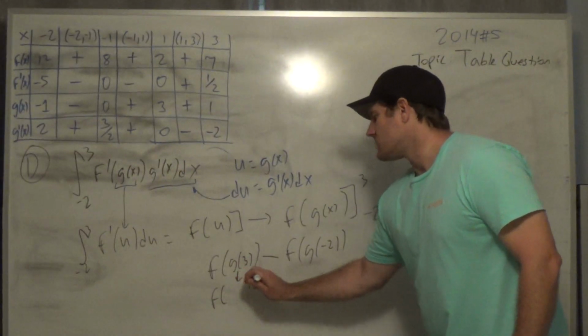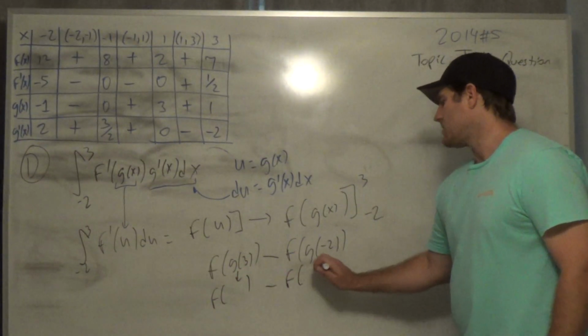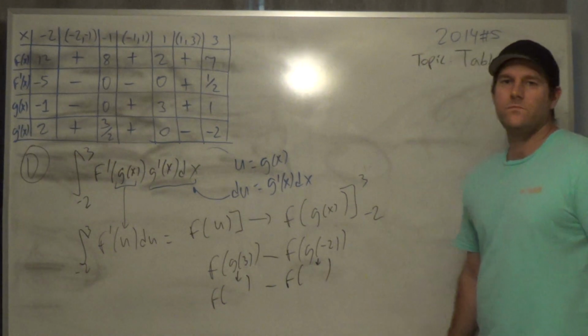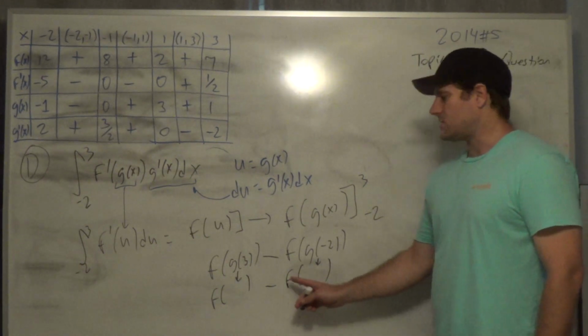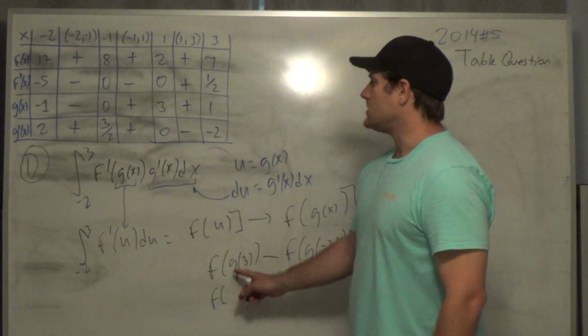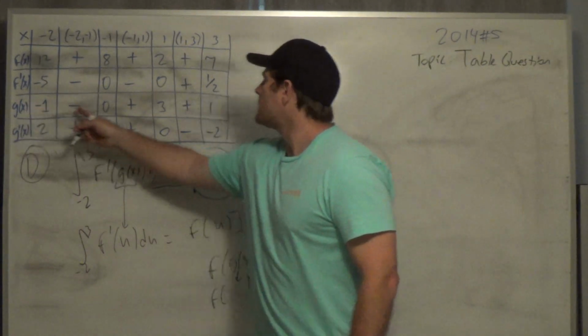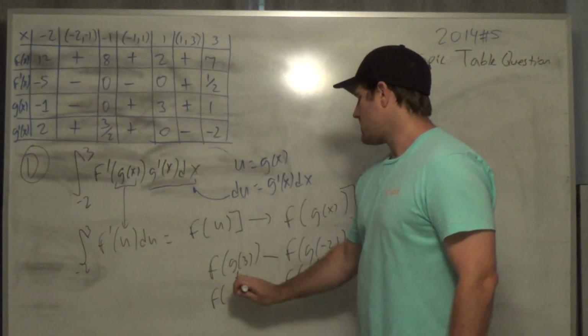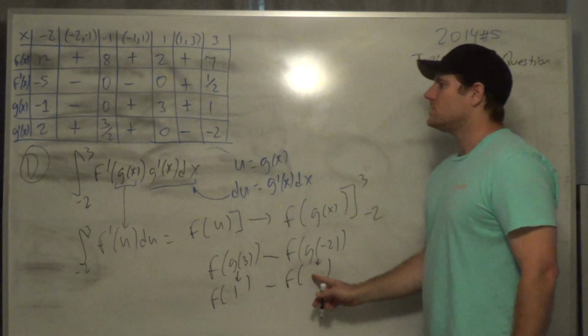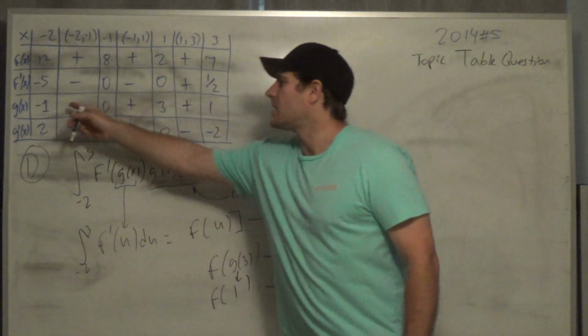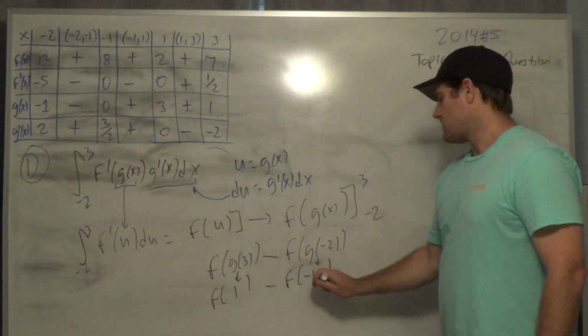We need to know what g of 3 is and what g of negative 2 is. We're going to use the charts to find these two values. So g of 3 is 1, and g of negative 2 is negative 1.